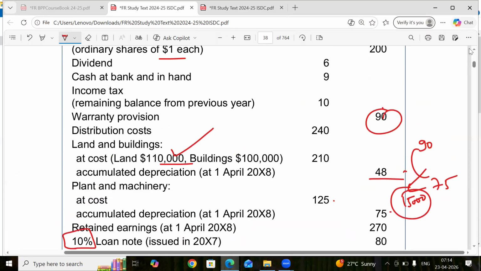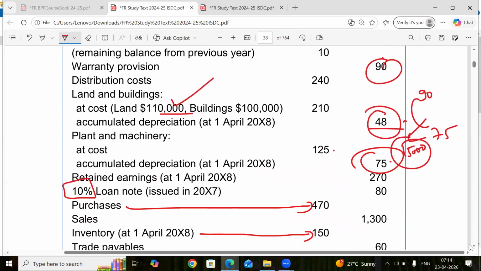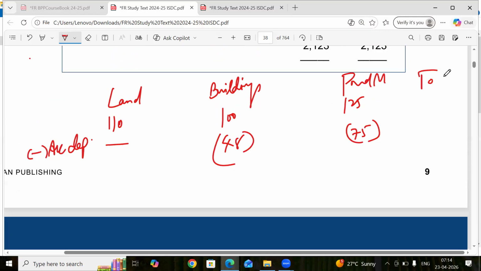Buildings 48. Plant and machinery 75. So total assets here are 335, after removing this, 125 and 75.